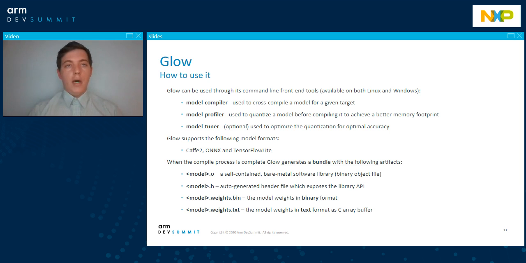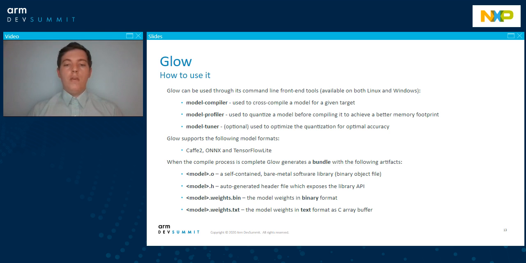Also a .h file, which is an auto-generated header file, which exposes the library API, that is the interface. A weights.bin file, which contains the model weights serialized in binary format, and the same content as weights.txt, which contains the same model weights, but this time serialized in text format, which allows including the model weights in an application as a simple C array.